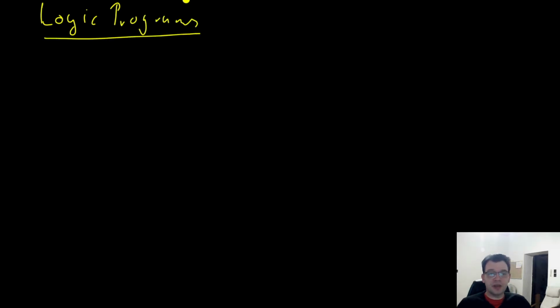So, greetings. In this video we will learn a few things about the language Prolog, which is a logic programming language, logic programs. First, I will give you an example of a logic program.